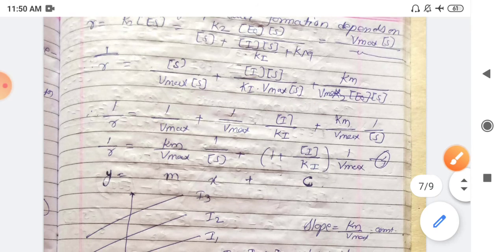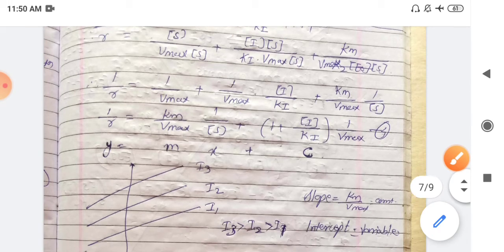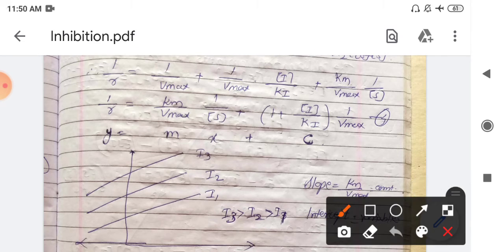Overall, we can see the S terms get cancelled. So 1 upon Vmax plus 1 upon Vmax into I upon Ki, plus finally Km upon Vmax into 1 upon S. So here 1 upon R is equal to Km upon Vmax into 1 by S, plus 1 plus I upon Ki into 1 upon Vmax.